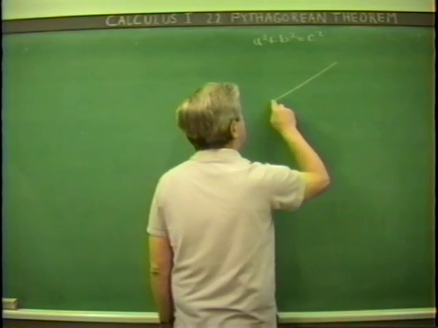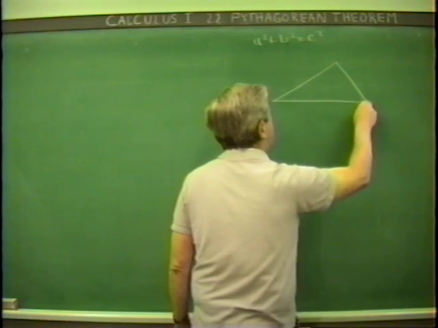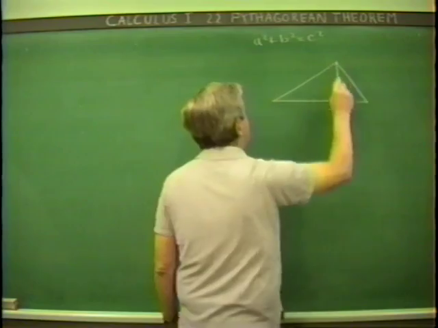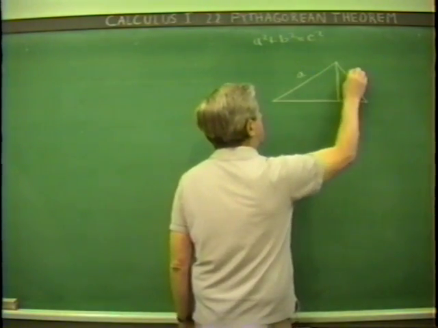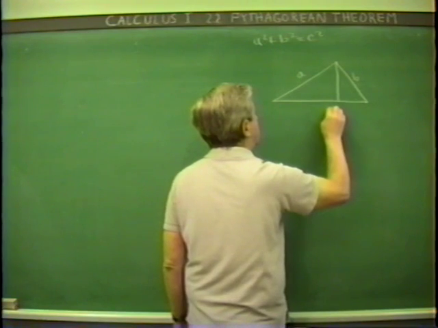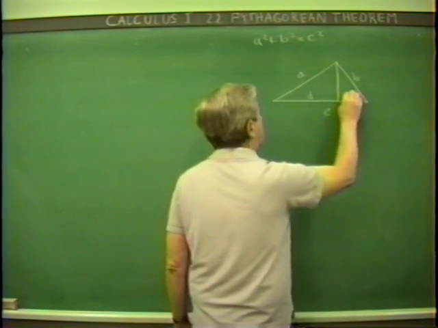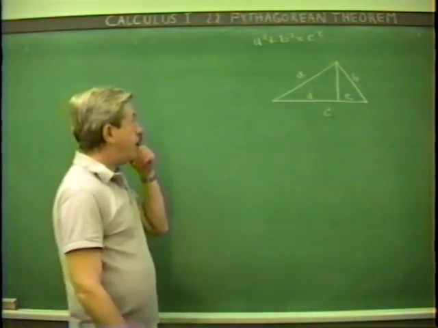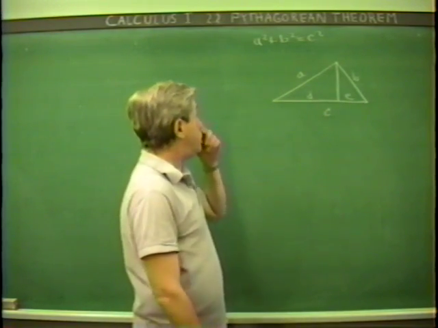If we draw a triangle like so, a right triangle, with the right angle right there, and label the sides A, B, and C, and these two sides D and E, then what we have is that there are actually three triangles here that are similar to each other.